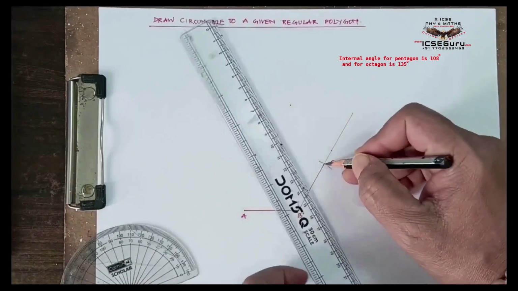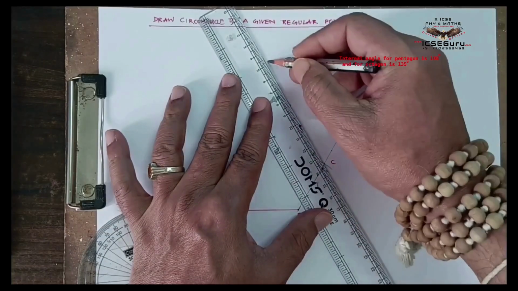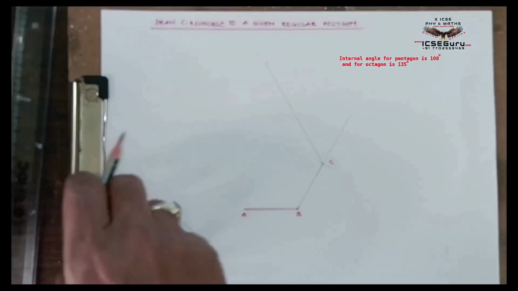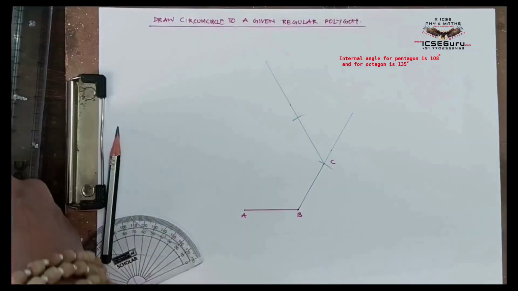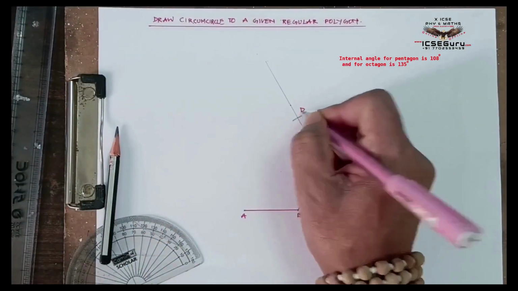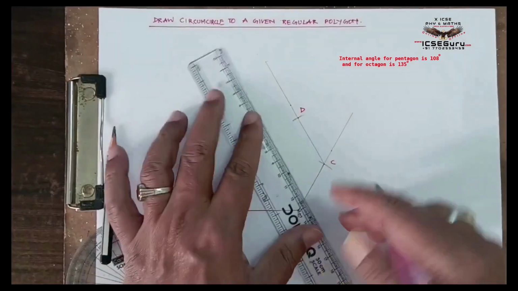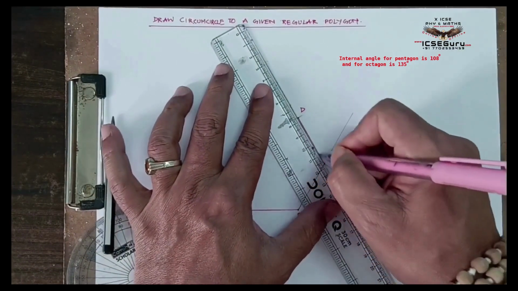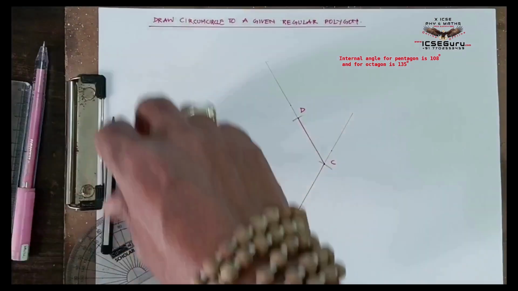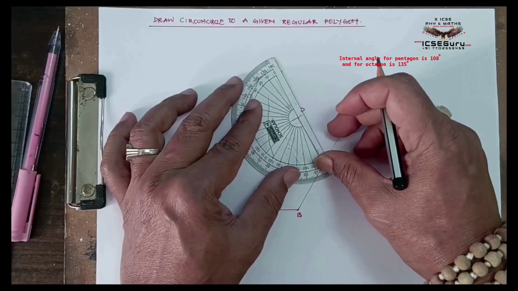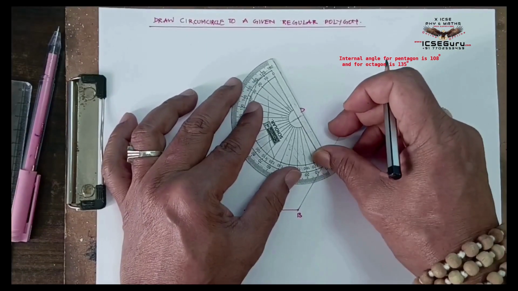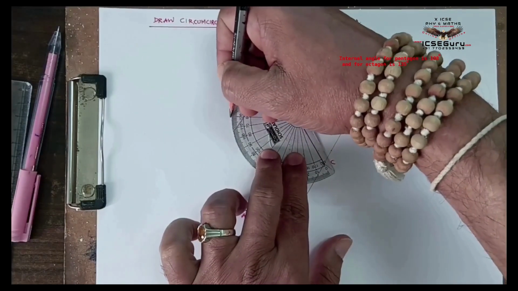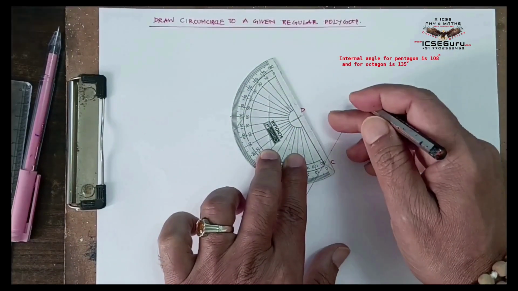At vertex C, again draw internal angle 120 degrees and set off the next vertex D. Join CD to get the next side of the polygon. Repeat this process until the regular polygon construction is complete.